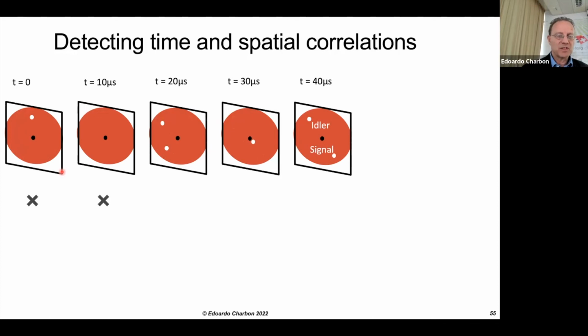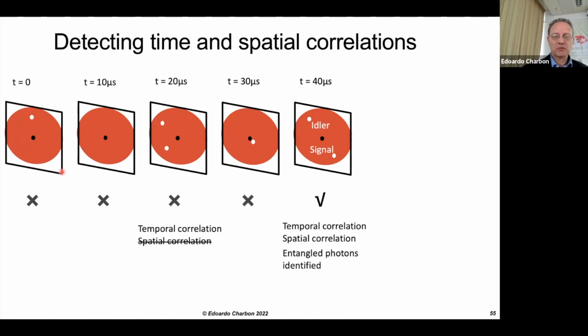So in this case, for example, I have nothing here, even though I have temporal resolution, but here I have temporal resolution and spatial resolution, and therefore I can recognize the entangled photons, which means that essentially I can shoot a very small number of photons onto an object that is flooded with a very large number of photons that have nothing to do with my photons.